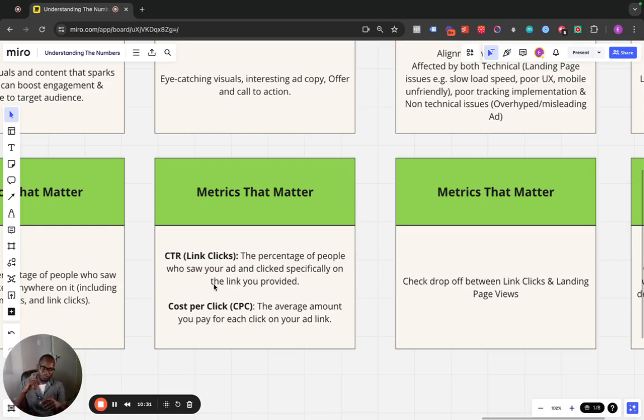So these two metrics are very important, because the higher your CTR and the lower your CPC, the more people you're driving to the next segment, and the more chances you're giving yourself to actually succeed. So if your CTR is quite low, and again, in a later video, we'll look at what quite low means, and your CPC is very high, there is also a disconnect on that end as well. So you need to have that top of mind.